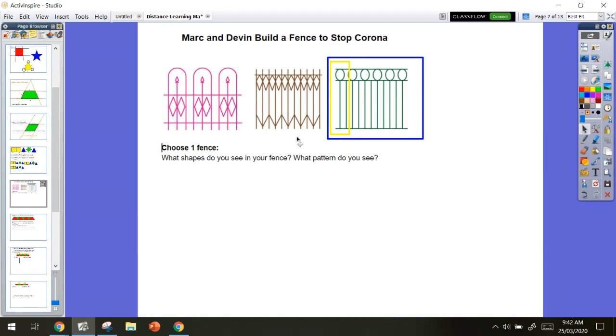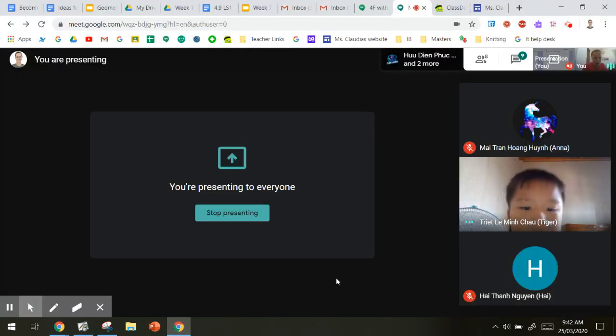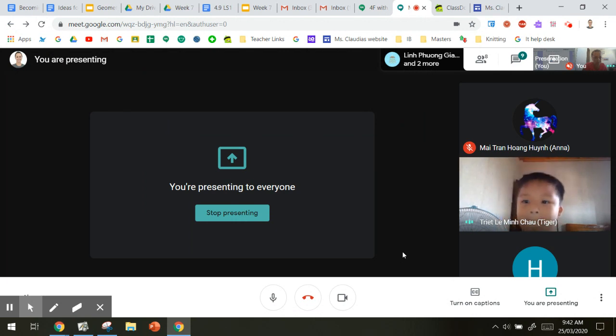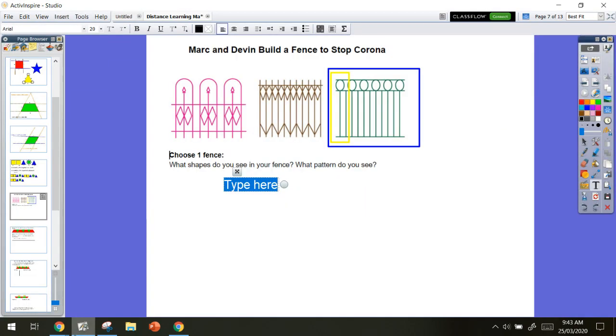Okay. So what pattern do we see? Let's have somebody else volunteer. Tiger, mute yourself. Who else would like to volunteer? Tell us what pattern you see in words.